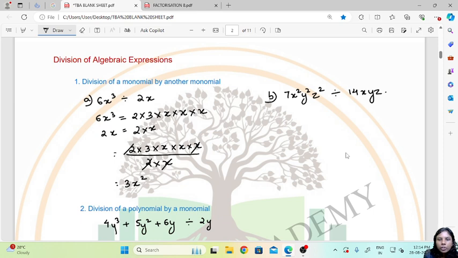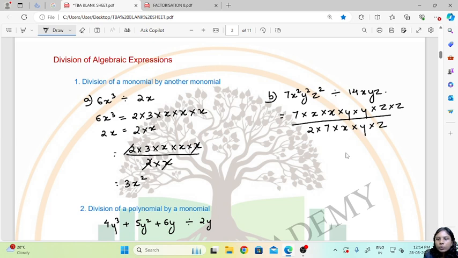Now another example. Again we write down the factors first: 7 into x into x into y into y into y into y, divided by 14. 14 can be written as 2 into 7, that is 14, into x into y into z.